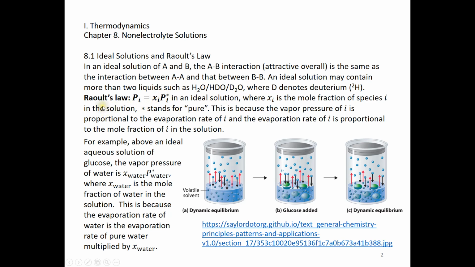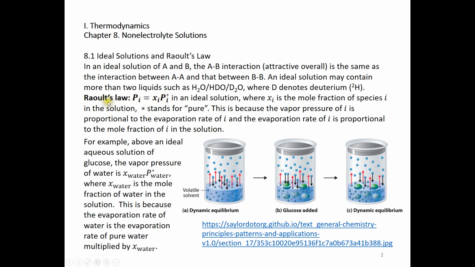Now let's look at Raoult's law. Raoult's law states that the partial pressure of species i is equal to the mole fraction of species i in the ideal solution multiplied by the pressure of pure liquid i. The star denotes pure.